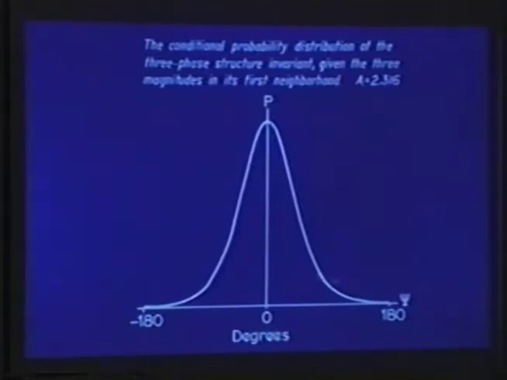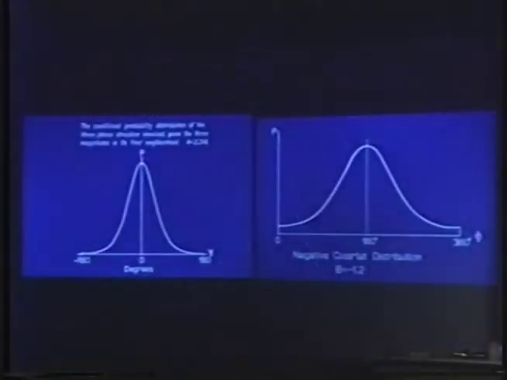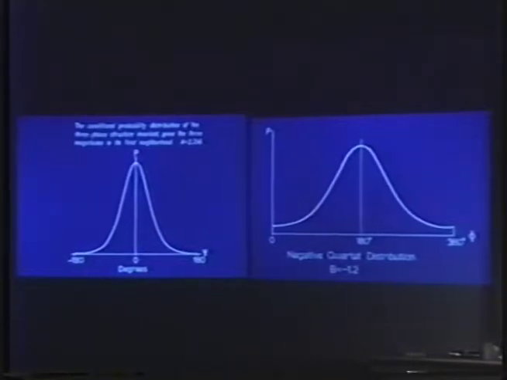But for the negative quartets, when the parameter B is negative, let's say minus 1.2, the distribution looks like this. And the most probable value of the invariant is then 180 degrees. And the expected value of the cosine of the invariant is negative in this case, positive in this case.